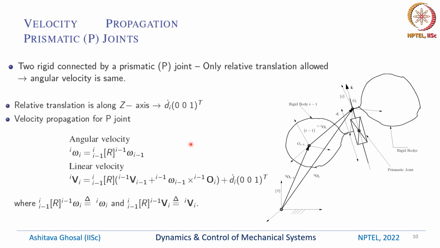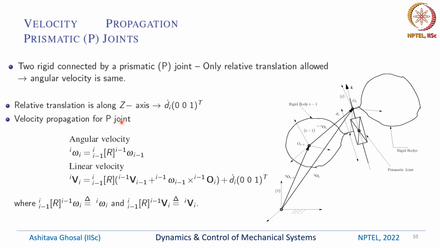Okay, so if the relative translation is along the z-axis, meaning we choose that the k-axis is the z-axis, which is very commonly used in robotics or in many multi-body systems, that the joint axis is chosen as the z-axis. So what is the relative translation? It is di dot along 0, 0, 1. Okay, so di is the translation, so the derivative is denoted by di dot.